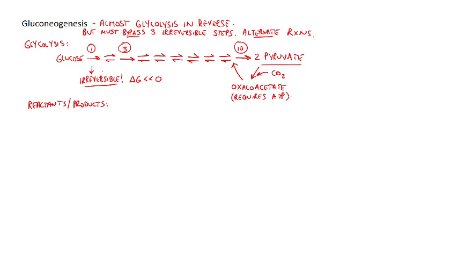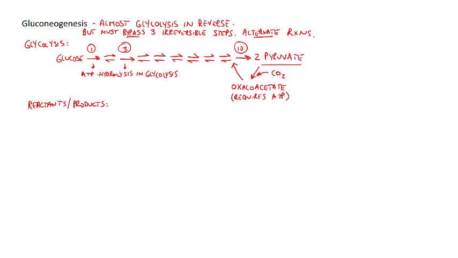Now, the reason reactions 1 and 3 are irreversible specifically is because these are the 2 steps that involve ATP hydrolysis in glycolysis, and we know that ATP hydrolysis is very favorable. So if we were to run these two reactions in reverse, we would be synthesizing ATP, which is very energetically unfavorable, right?